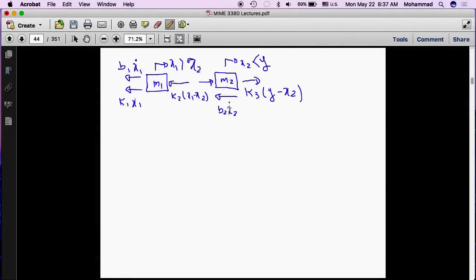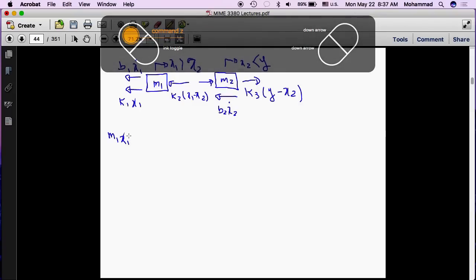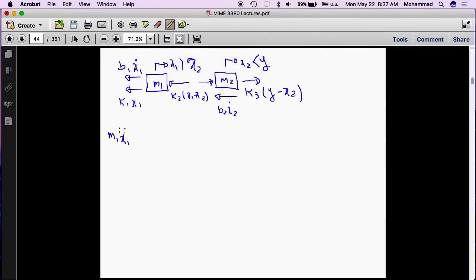What is the next step? Write the equation, which means writing Newton's second law. So M1 x1 double dot is going to be equal to, okay, help me, K1 x1, positive or negative? Why? Because its direction is opposite to x1. So it's minus K1 x1.